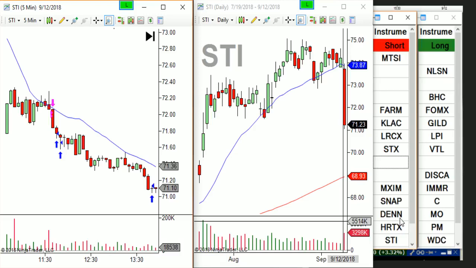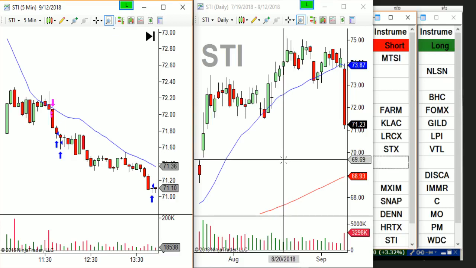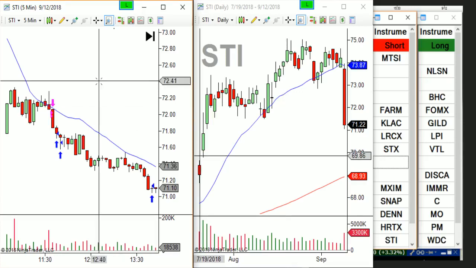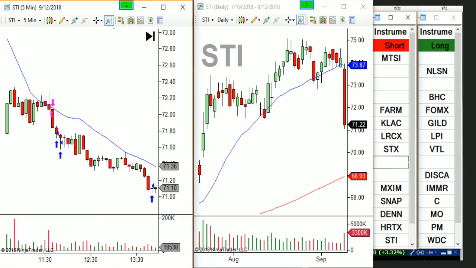The DENN was basing at the low of the day, and the HRTX, which Sammy had a really nice call on today as well. All of these were additional finds that came up from scanning additional gaps, gap areas, gap bullies, and relative strength, relative weakness, right? So that's kind of the approach that I take in my scanning between 10 and 10:30, okay?